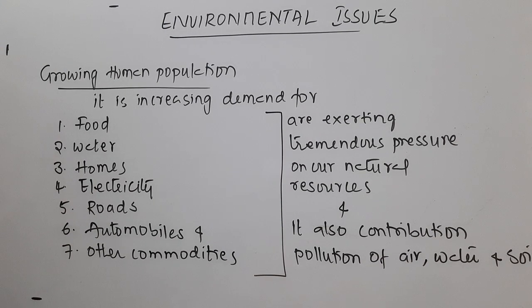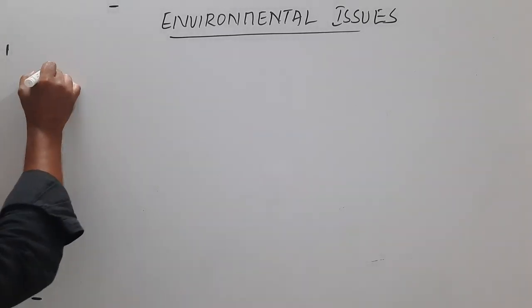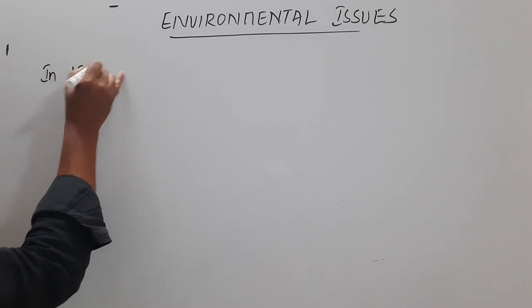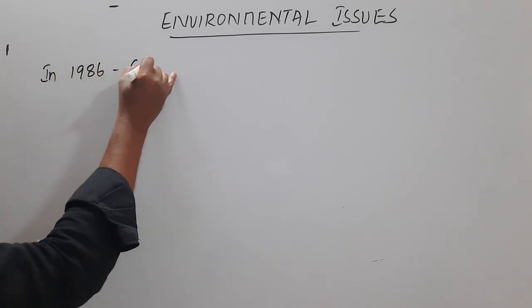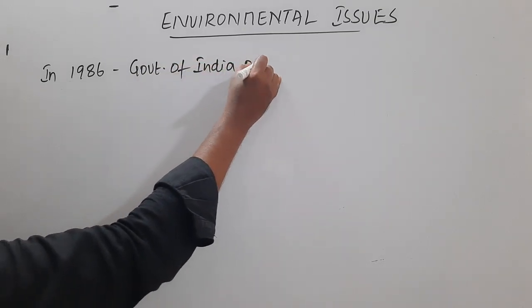Now, without halting the process of development, we need to check the degradation and depletion of our precious natural resources. For this purpose, the government of India passed something called the Environment Protection Act in 1986.